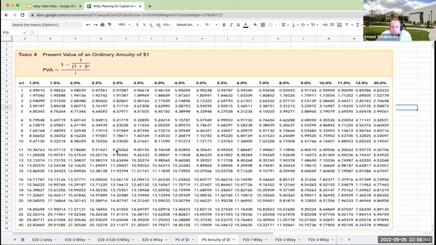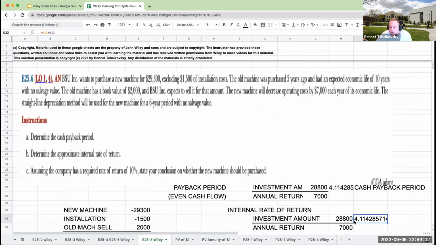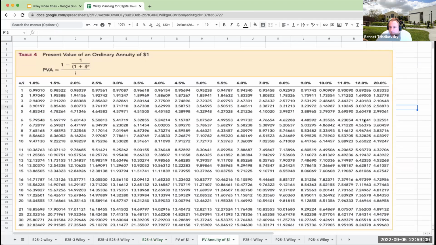Over here we see 4.11141, and this over here is 4.11428. So the approximate rate is right around 12%.